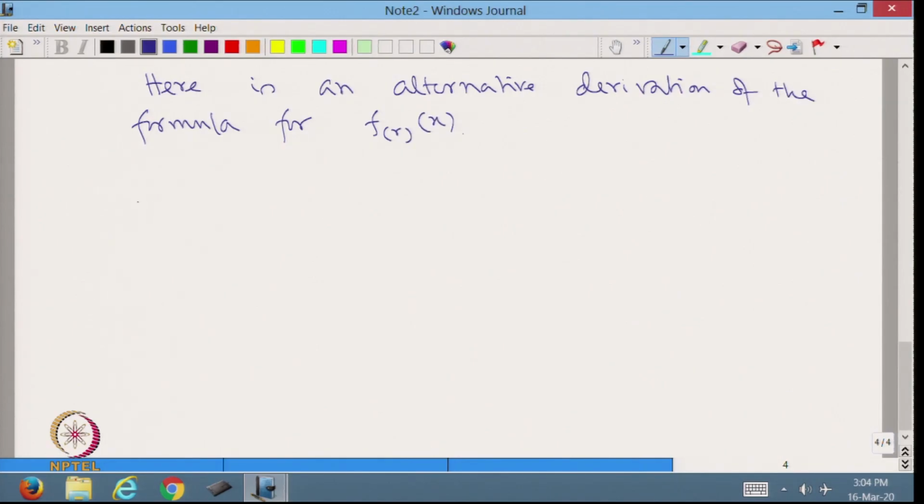We have the observations on the real line, and suppose this is the point x and we are looking at f_r(x).